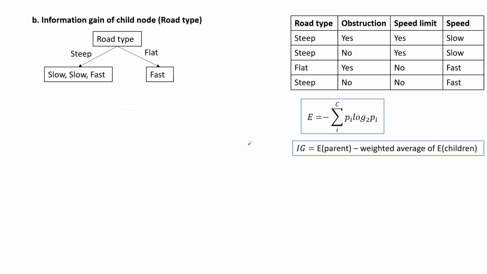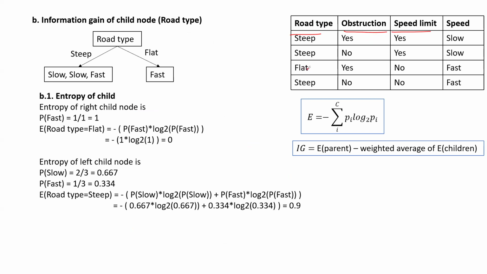Road type is one feature, obstruction is one feature, and the speed limit is another. These are all considered to be the child nodes, and we are going to find out the information gain for all these 3. For the road type, we have the steep and the flat class.